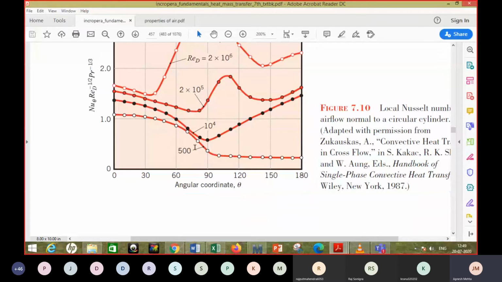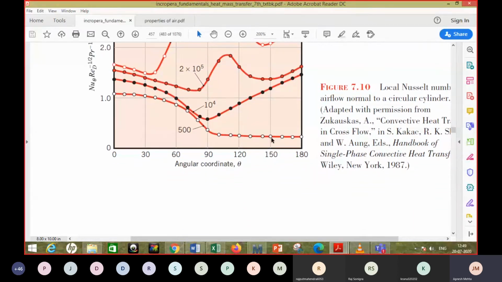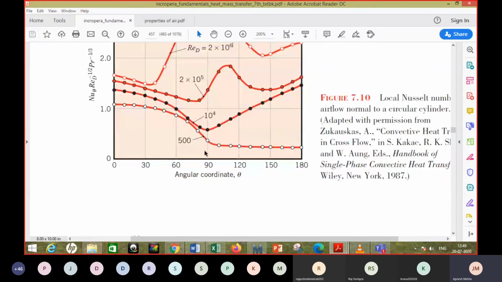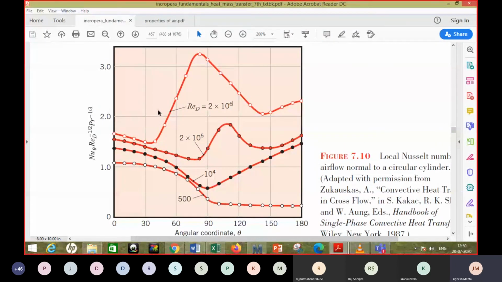And at low value of Reynolds number, the pattern that you see is different. That is, after the separation, the value of heat transfer coefficient or Nusselt number remains nearly constant. But this is local value of Nusselt number or heat transfer coefficient.